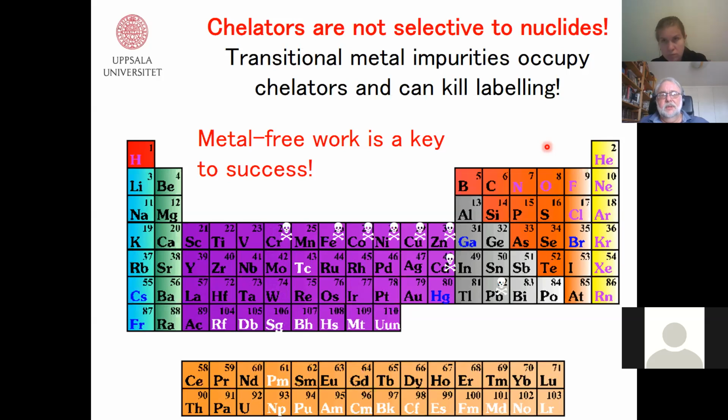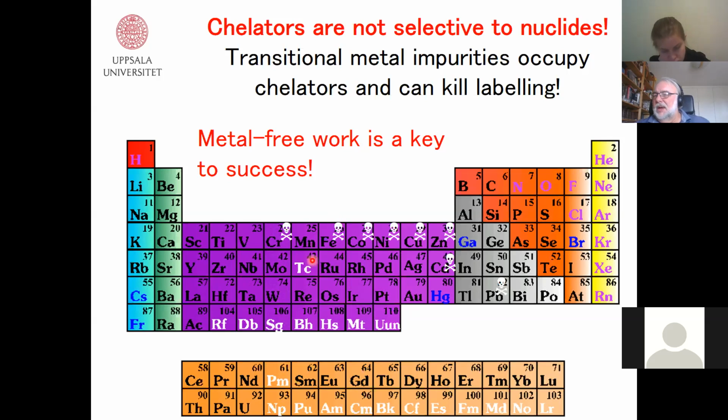One exception is some phosphotriazo chelators, which might be selective to gallium, but generally they take all transitional metals.